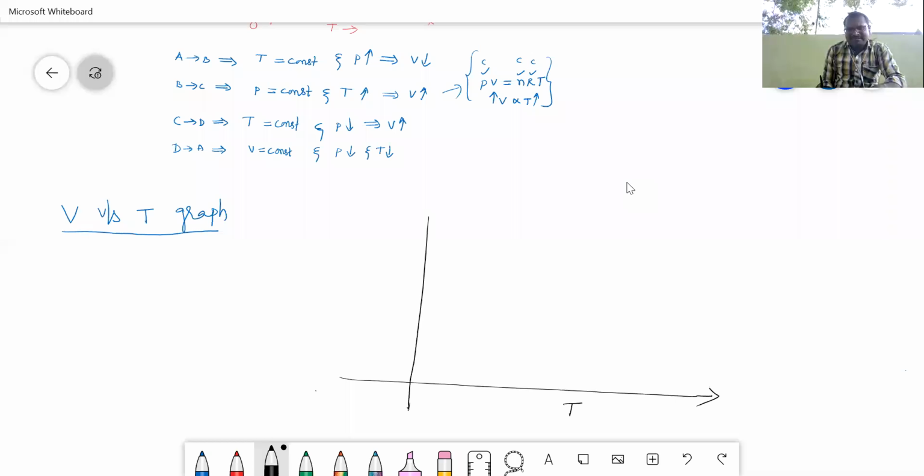Here T, x-axis. Here volume, y-axis. Start from the center. AB process, temperature constant, means vertical line. Just draw one vertical line. Okay, vertical line, no?